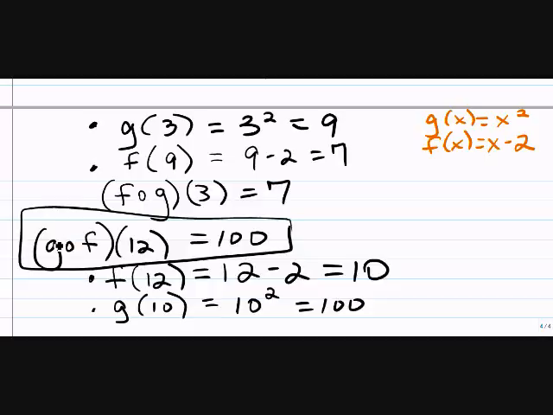I take the function to the right, or the inside function, and I evaluate it at 12. I get a number. That number is 10. That's the number that I put into the function on the left, the outside function. Yeah, you've got to do those 2 steps.